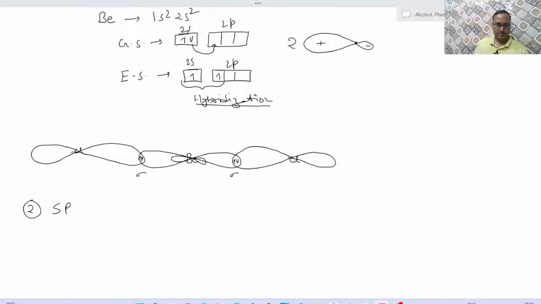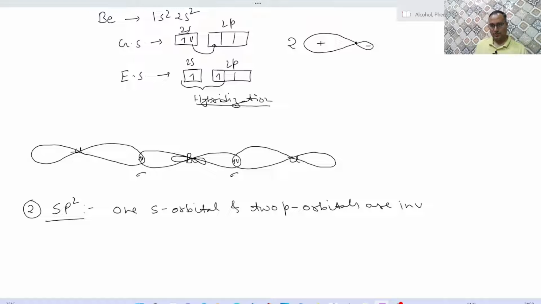Next hybridization is SP2. As the name suggests, in this, one s orbital and two p orbitals are involved in hybridization.